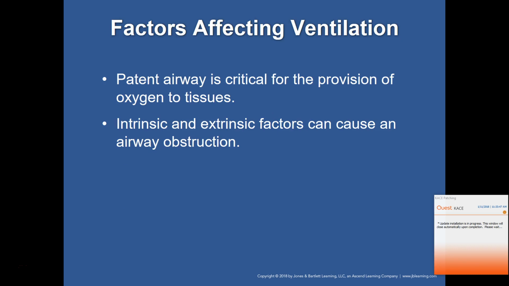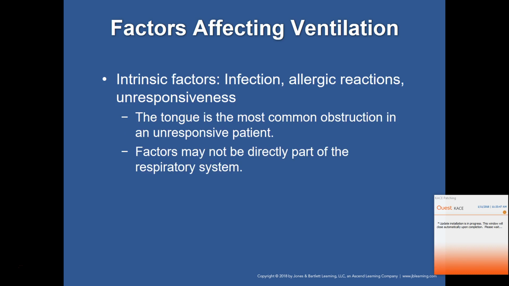Some other factors that affect ventilation. Some of these factors are intrinsic, some of them are extrinsic, meaning some of them are inside the body, some of them are outside the body. Some intrinsic factors such as infection, allergic reactions, unresponsiveness, these are all internal to the body.